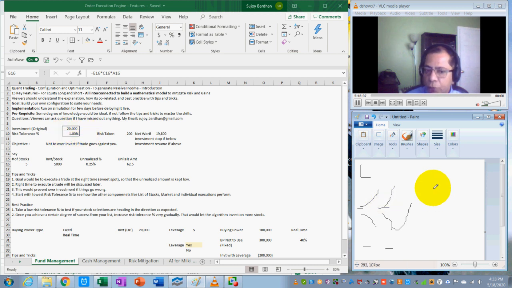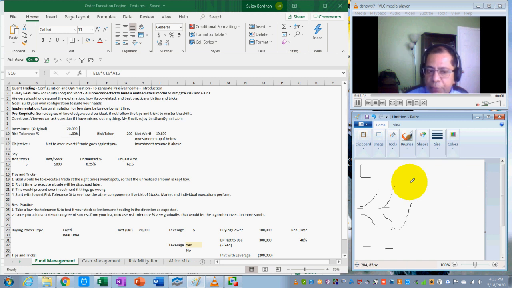The key point here is that the algorithm is going to prevent you if your investment is not in the right direction. Very important, because you don't want to continue investing if your trades are not in your favor. Okay, so that's point one.